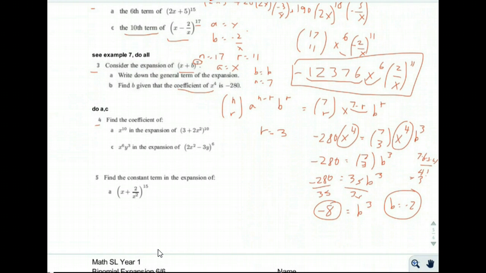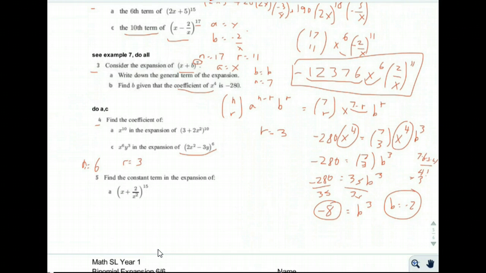4. Find the coefficient of, and it gives us two binomials here. Let's take the second one. So x to the 6th, y to the 3rd. So that would mean that r is equal to 3 and n is equal to 6.